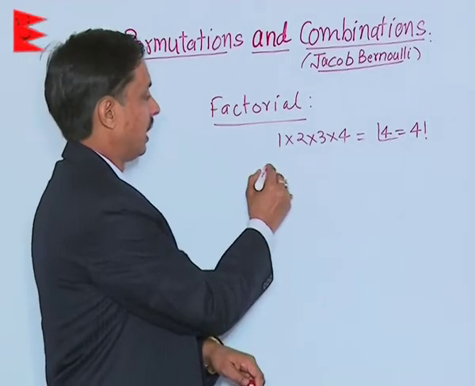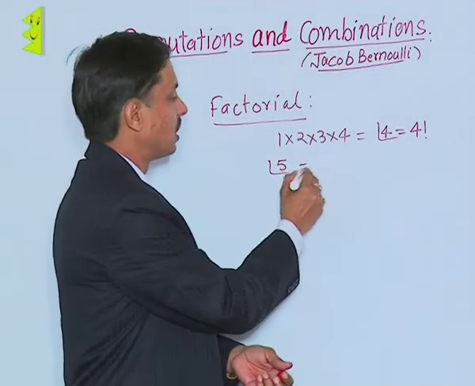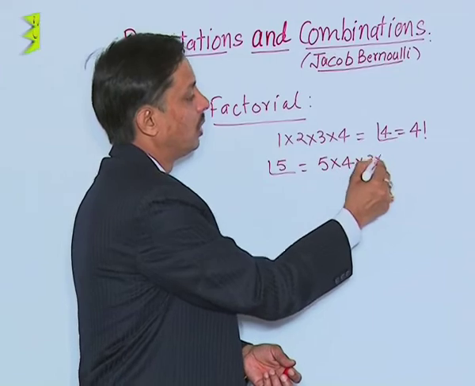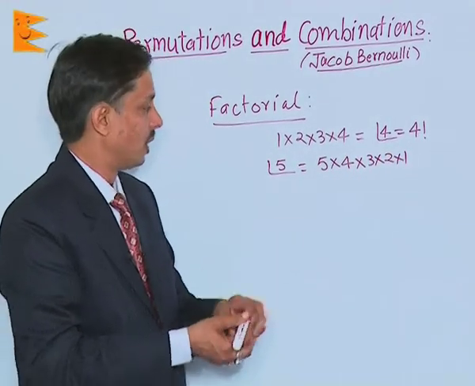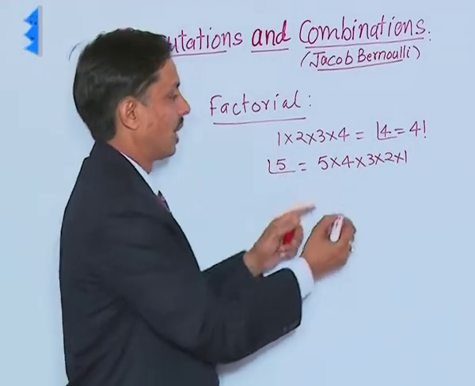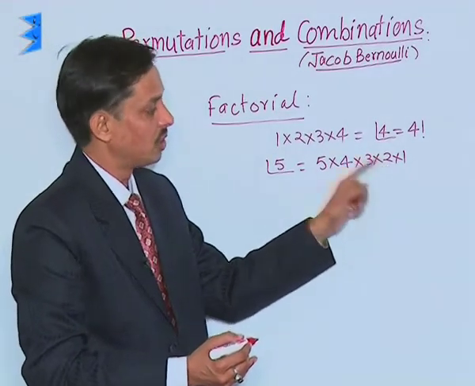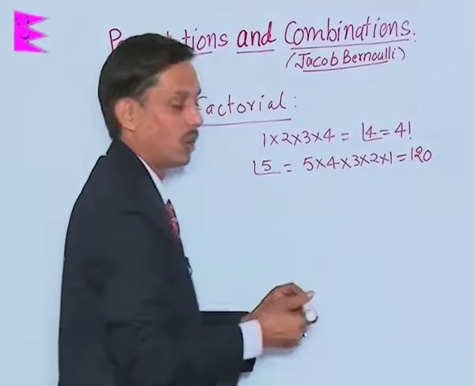Suppose I ask what is the answer of factorial 5. I have to start with 5, 4, 3, 2 and the least natural number is 1. It is 5 4s are 20, 20 3s are 60, 60 2s are 120. So the answer is 120.